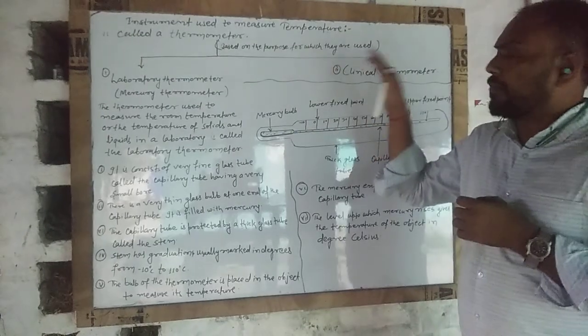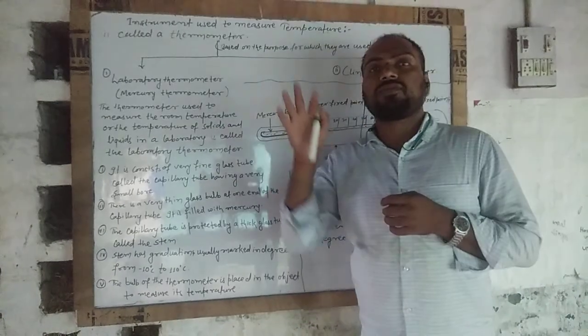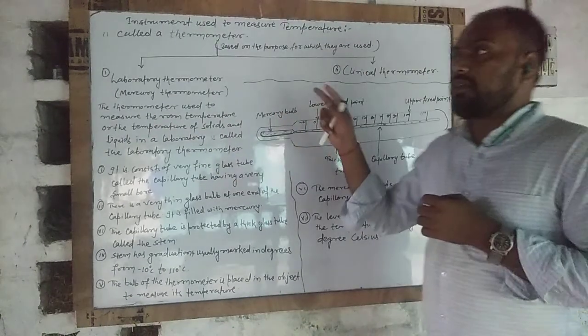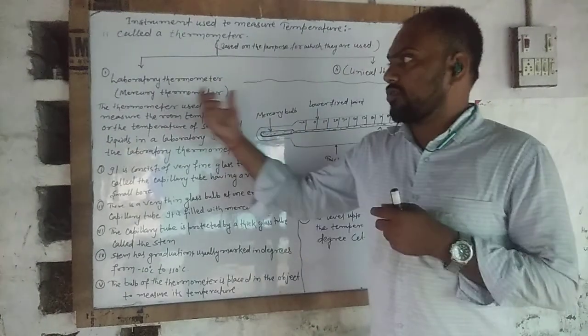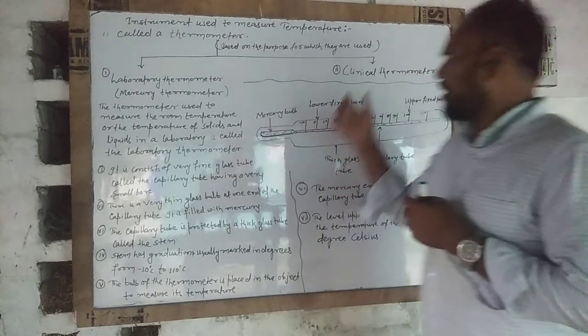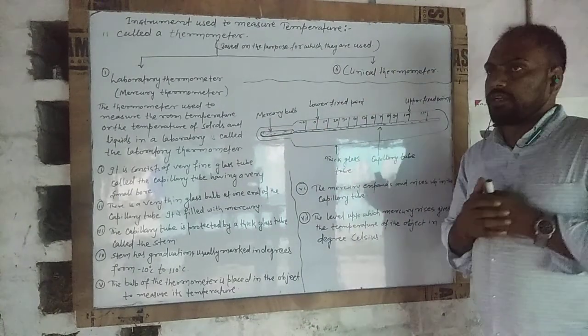On the basis of the purpose of use, thermometers are divided into two types: laboratory thermometer, also called mercury thermometer, and clinical thermometer.